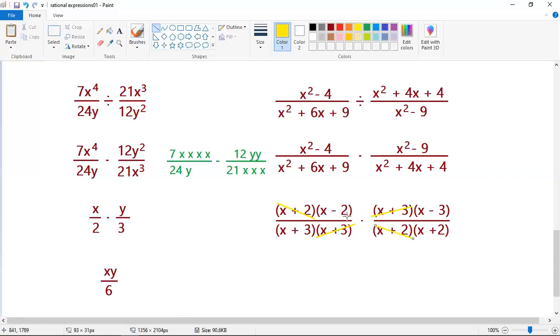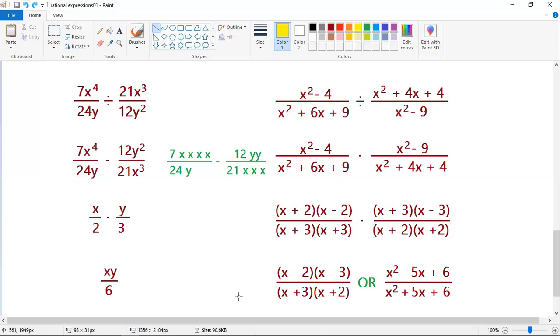We are left with x minus 2 and x minus 3 in the numerator, x plus 3 and x plus 2 in the denominator. So we will be getting this value. And this is the answer. Otherwise, we can multiply the factors and you'll be getting x squared minus 5x plus 6 over x squared plus 5x plus 6 as a result of the multiplication of these two factors.